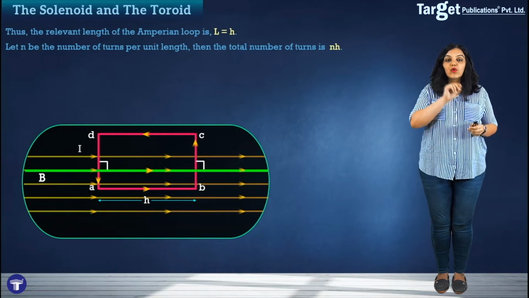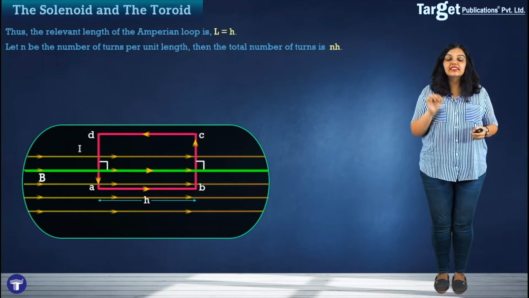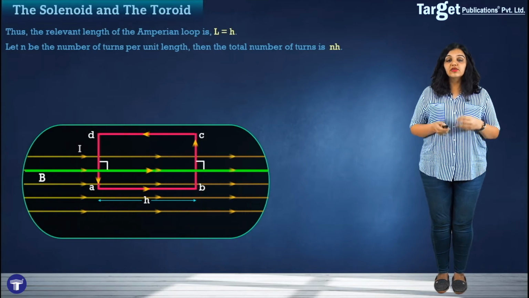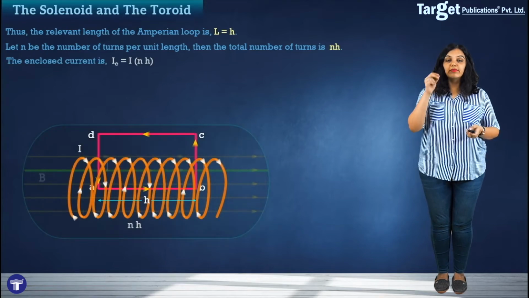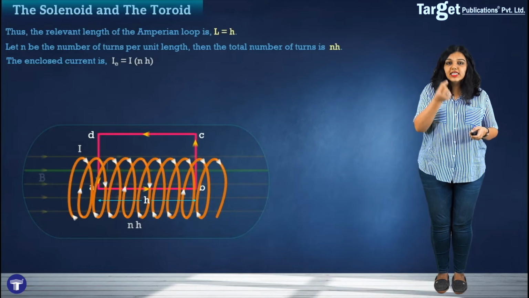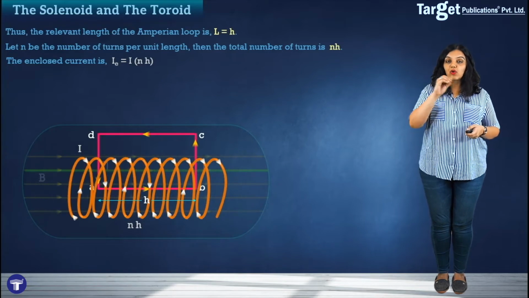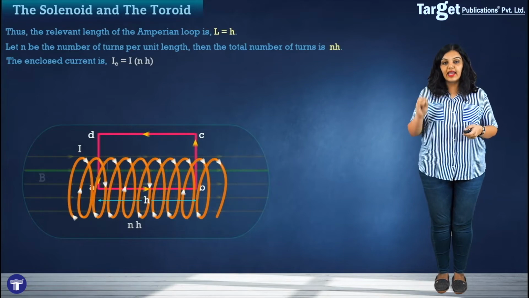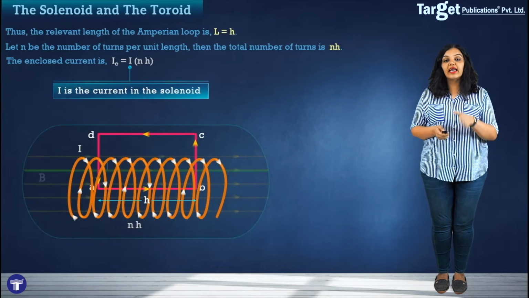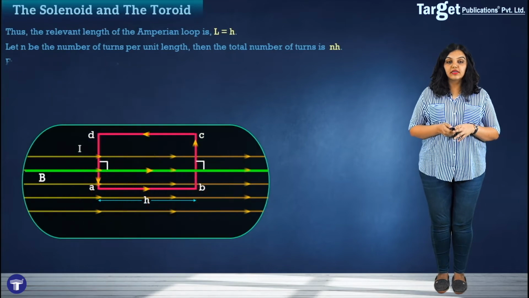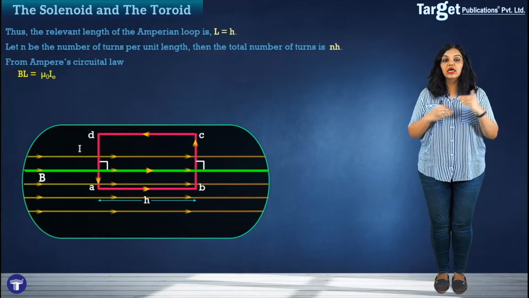So the total number of turns inside this length h will be n times h, because n is the number of turns per unit length. So now I can say that the enclosed current is I times nh, where I is the current in each loop, and because there are nh such loops, the total current is Inh. So now I have the total enclosed current and I have the effective length. I can apply Ampere's circuital law, in the reduced form that I'm using here, because B is along the effective length.